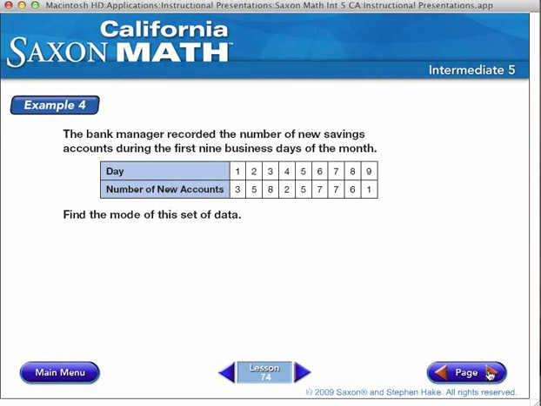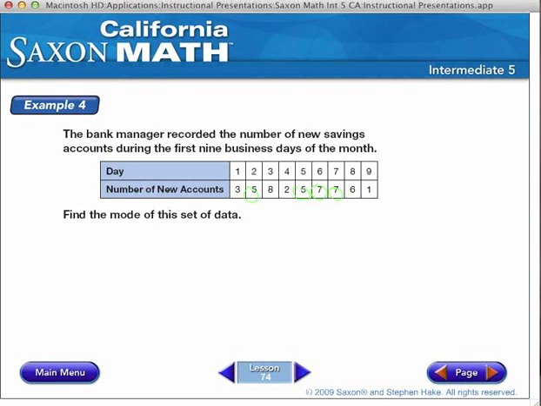The bank manager recorded the number of new savings accounts during the first 9 business days of the month. Find the mode of this data set. So the mode is the number that we see most often. So I'm going to go ahead and take a look. Okay, I only see 1 one, 1 two, a 3. I see 2 fives, and I see 2 sevens, a 6, an 8, and a 2.